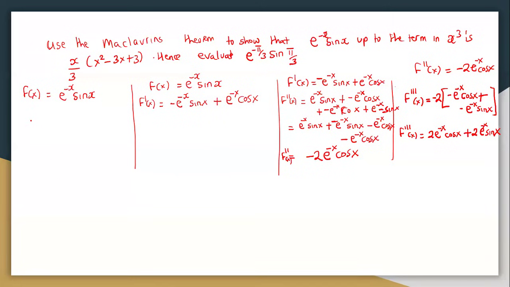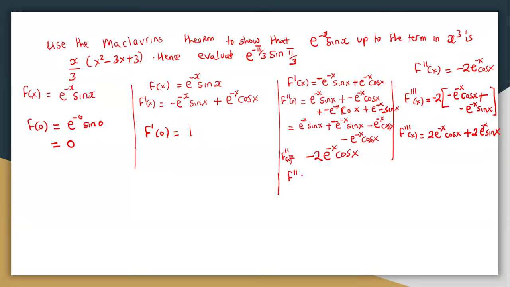Okay. So we are going to put in now our 0. F of 0, remember as you substitute is 0, sine of 0. So here we get a 0. F prime of 0, when I put in the 0, I get a 1. So for you, keep on substituting.